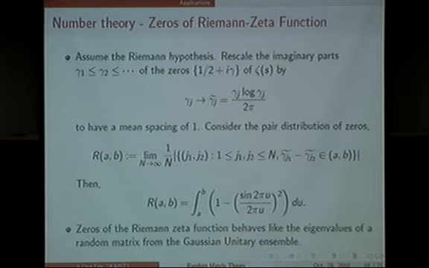Okay, so the first application: number theory. I know an unbelievable story about the zeros of the Riemann zeta function at the IAS near Princeton. There was a mathematician named Montgomery, who was an expert in the number theory of zeta functions.